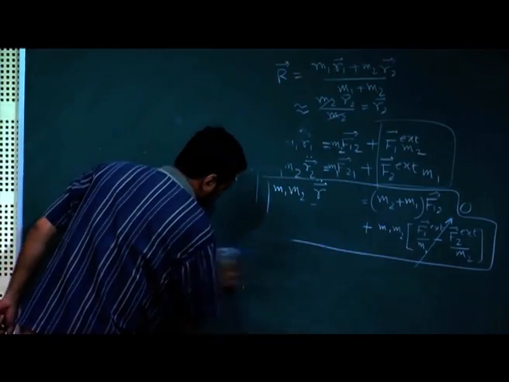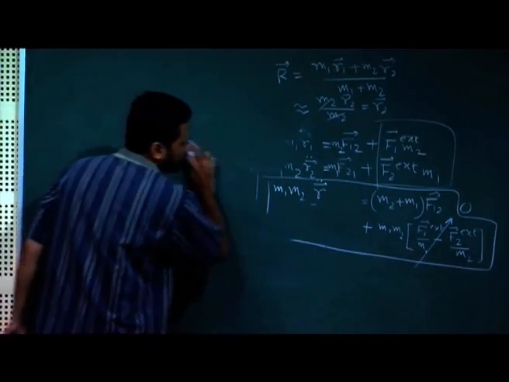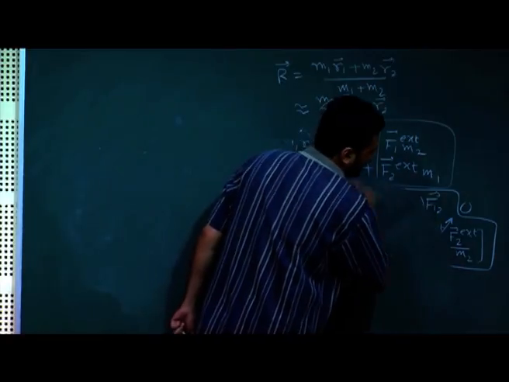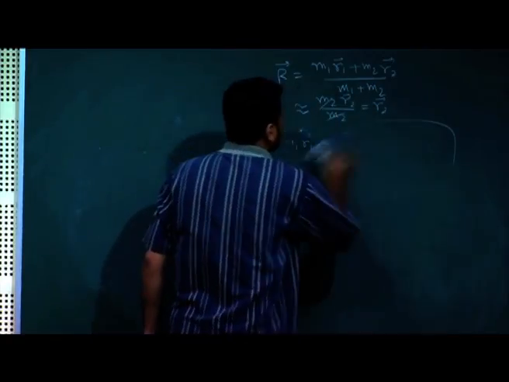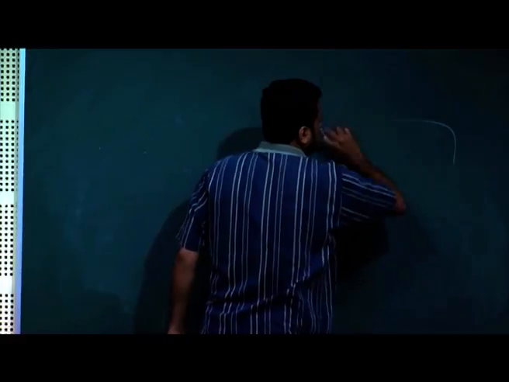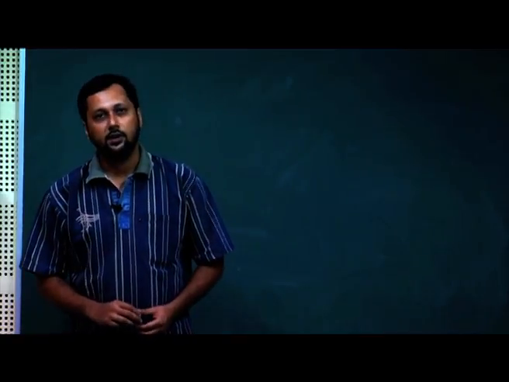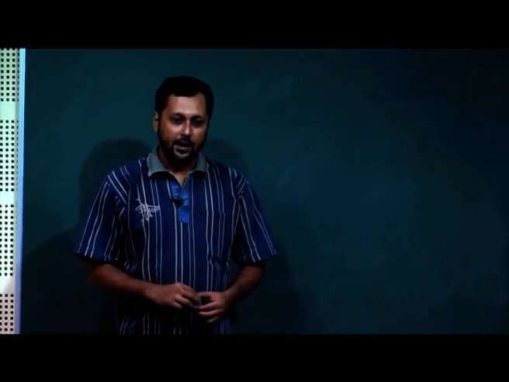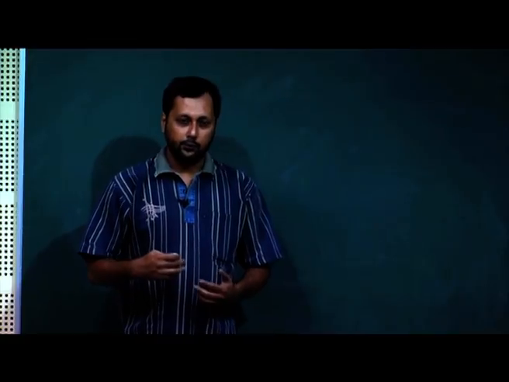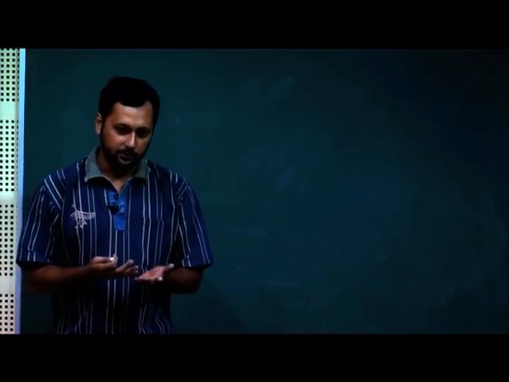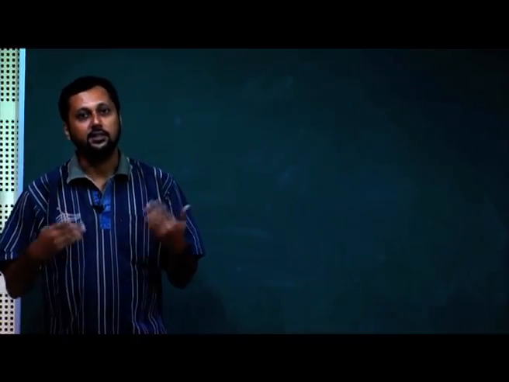And continue our discussion on central orbit. Now, when we were discussing central orbit in the last class, so far we have proved the 3 laws of Kepler, and now we have developed the platform from where we can jump forward.